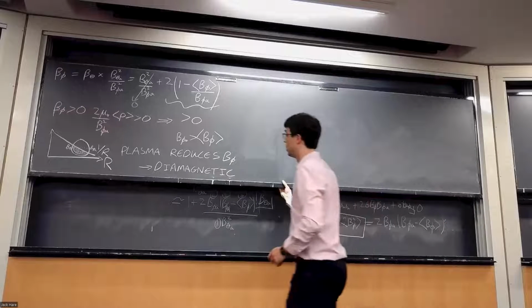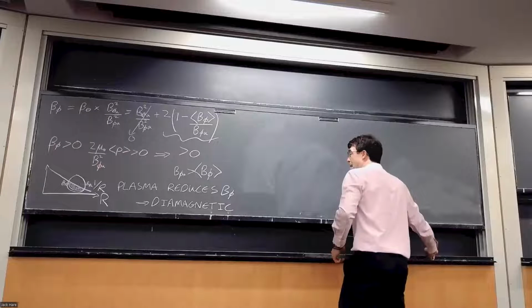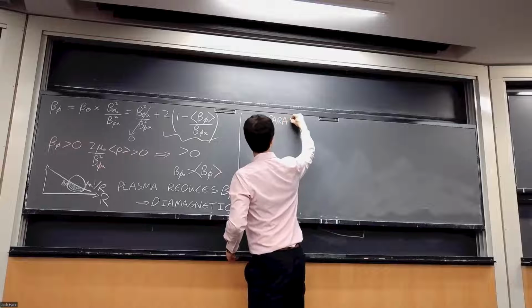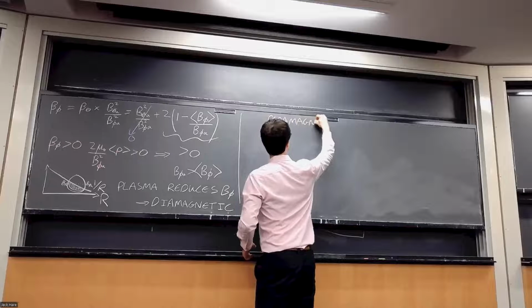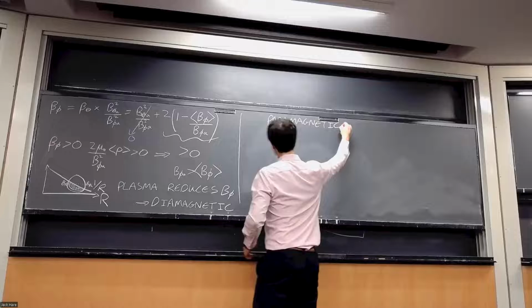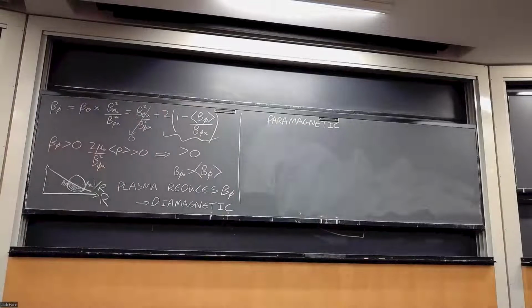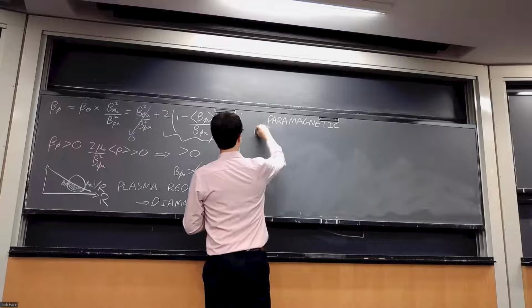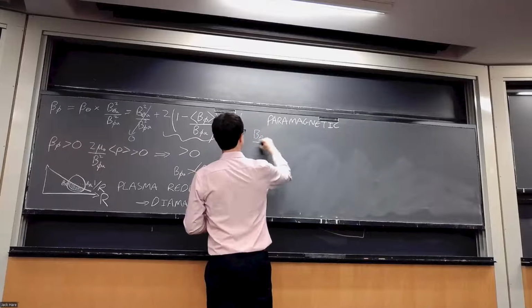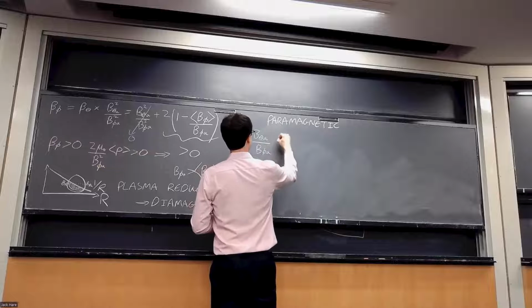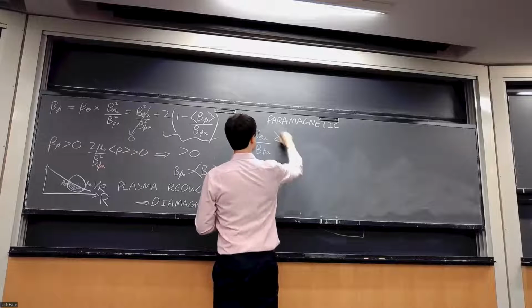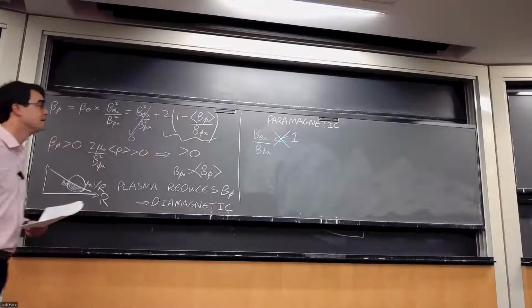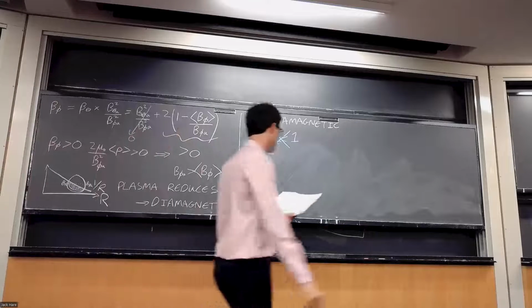So I want to briefly touch on times when we have paramagnetism instead. So in the case where our poloidal magnetic field is not necessarily much smaller than our toroidal magnetic field, that doesn't necessarily mean it's bigger than the toroidal magnetic field. It might just be that it's not negligible.